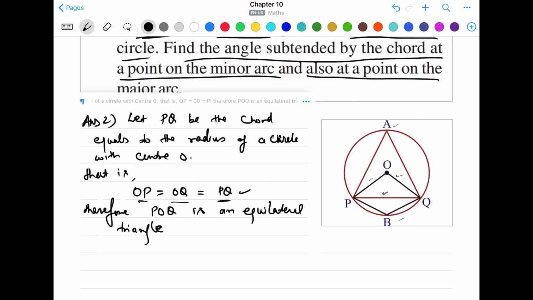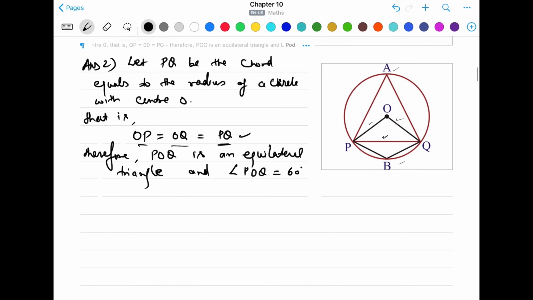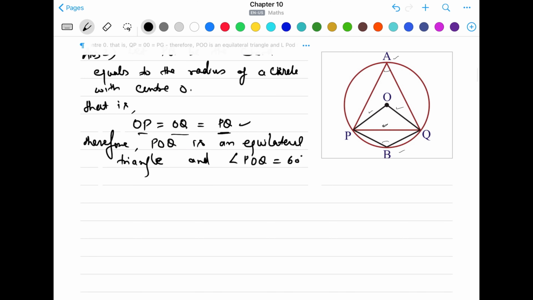Since all three sides are equal, POQ is an equilateral triangle with all its angles equal to 60 degrees. Therefore angle POQ will be equal to 60 degrees. Okay, now we're going to find the value of the other two angles, that is angle PAQ and reflex angle PBQ. Okay, so let's start.